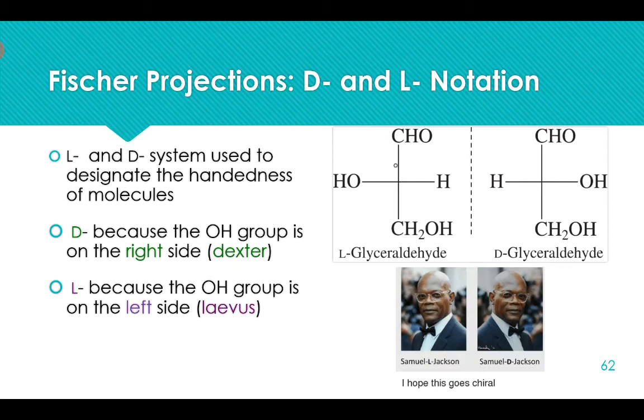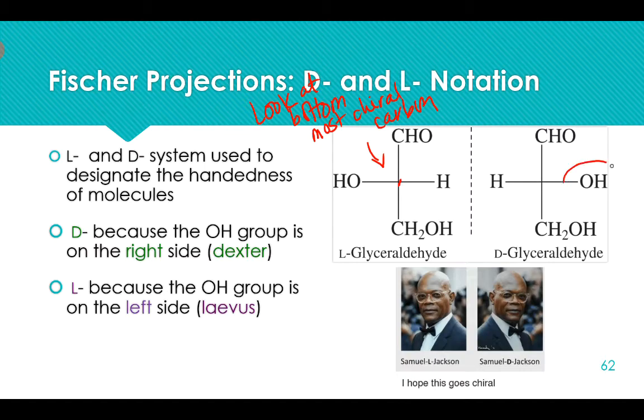We are going to be differentiating between our D and L isomers for this chiral carbon. If the bottommost chiral carbon, so this one's the bottommost. If we have multiple, then we look at the bottommost. If there's just one, we're still looking at the bottommost chiral carbon.